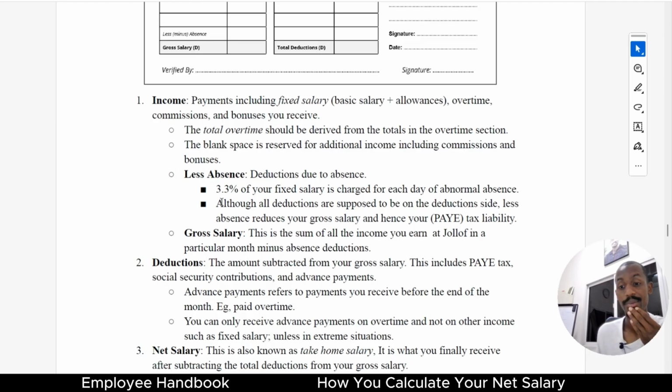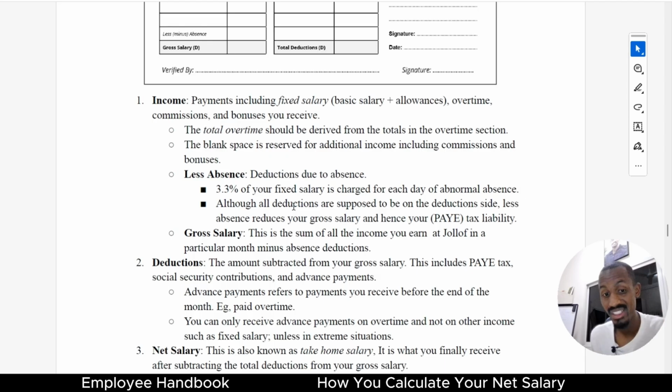If your whole salary is $100, it is divided by 30 days. That's what causes this 3.33%. So every day you are absent, 3.33% of your fixed salary is deducted.